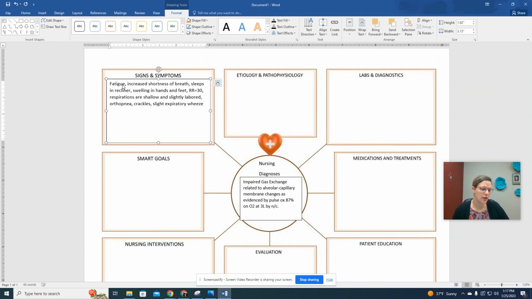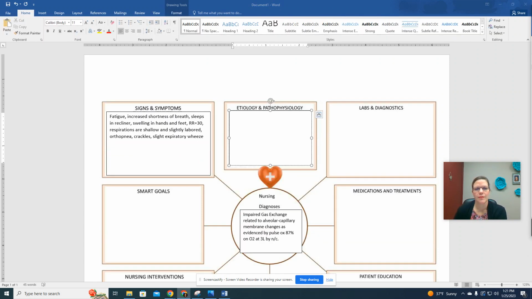You notice that I addressed only the issue at hand. I didn't write down every respiratory issue, but just the ones at hand. Okay, so for the etiology and pathophysiology box, I'm going to choose to look up the different disease processes that we identified in my Lewis textbook.